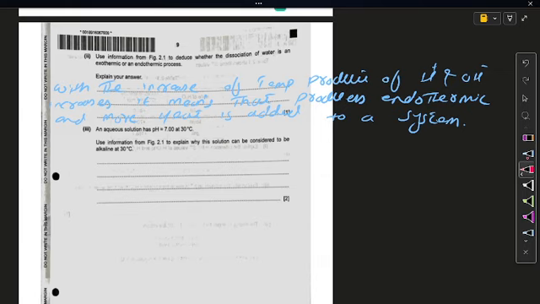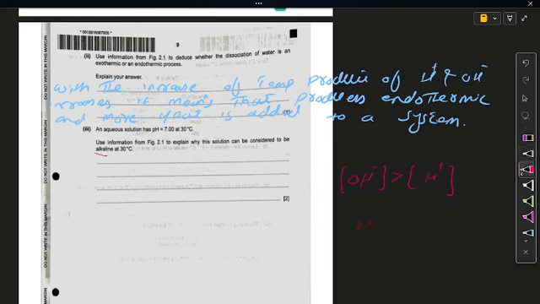Solution would be considered as alkaline whenever the concentration of OH negative ion is greater than the concentration of H positive ion, because H positive ions act as acid and OH is alkaline or basic. So once the concentration of base is more than the concentration of acid, then definitely it would be considered as alkaline.